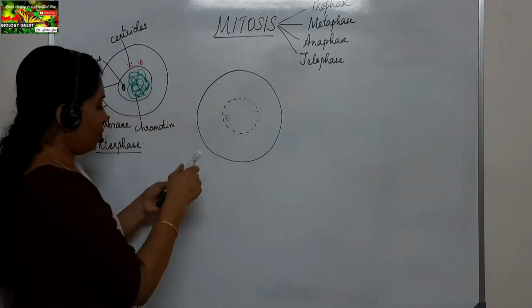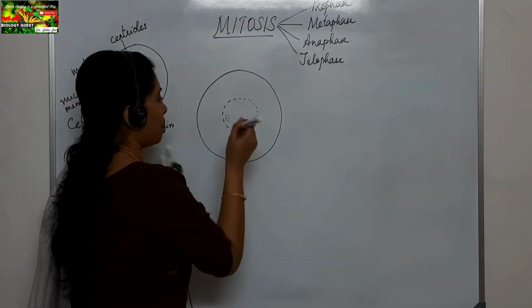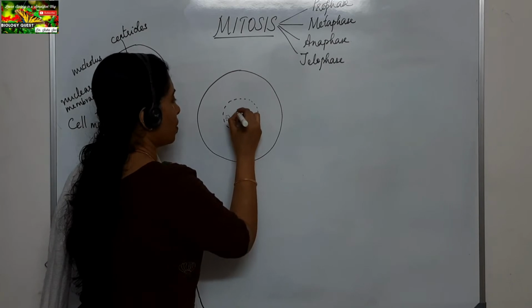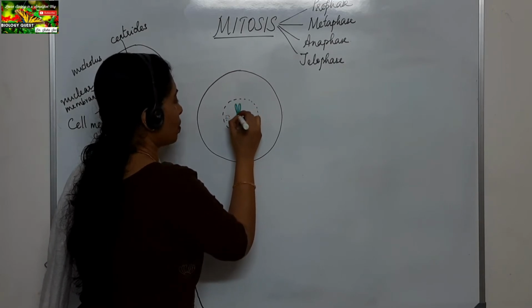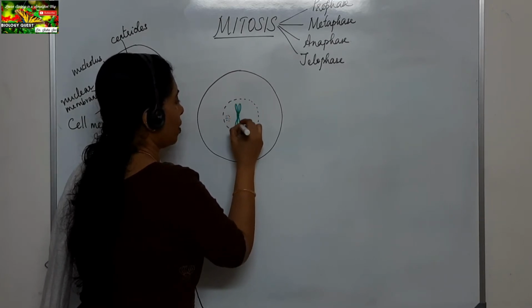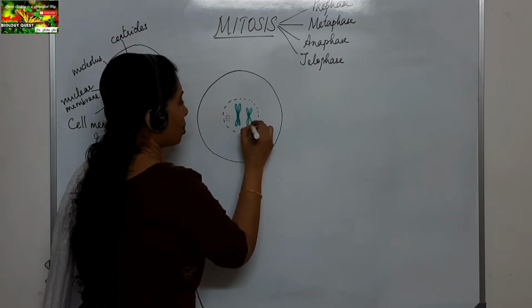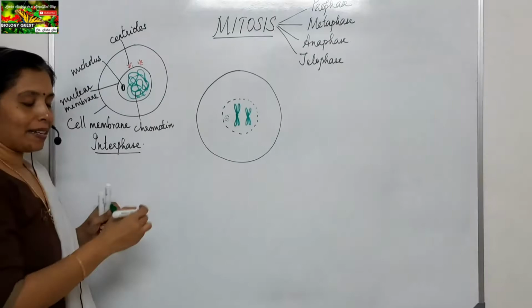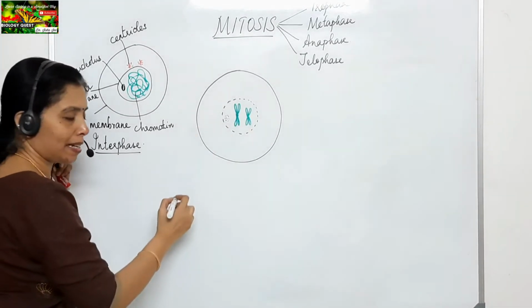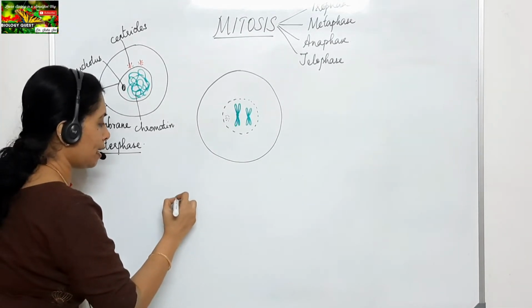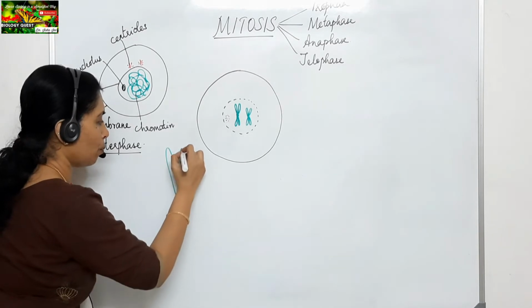Each chromosome will have two arms. So that is the first chromosome I am drawing, and that is the second chromosome I am drawing. If you enlarge one chromosome, it will appear like this. It will have two arms.